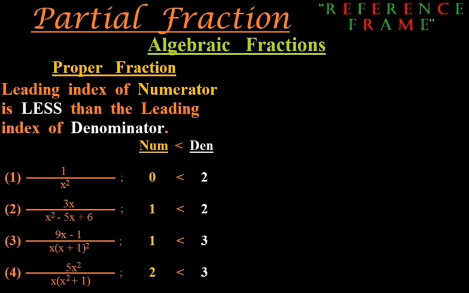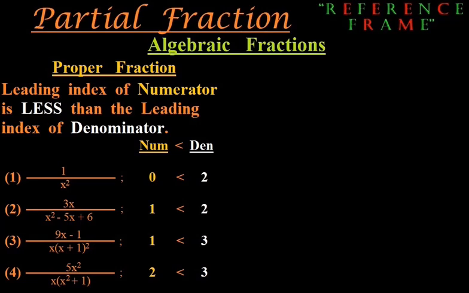Look at the examples. In the first one we have the fraction 1 by x^2. 1 means x^0, because we know something to the power 0 is equal to 1, apart from 0 to the power 0 or infinity to the power 0. So x^0 divided by x^2. So 0 is less than 2. Definitely it is a proper algebraic fraction.